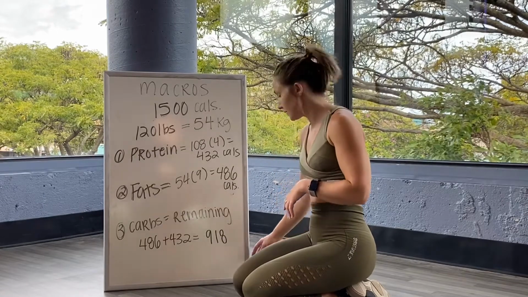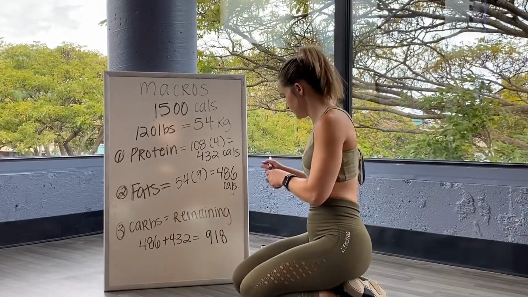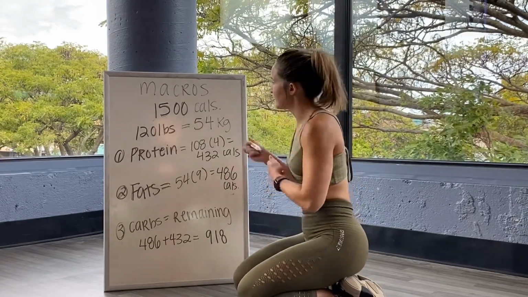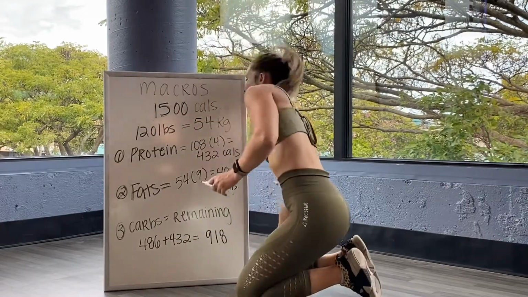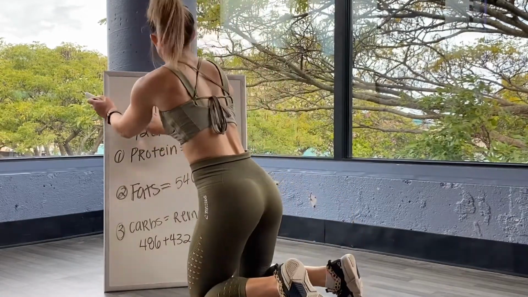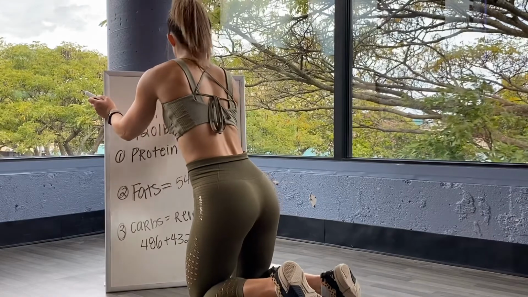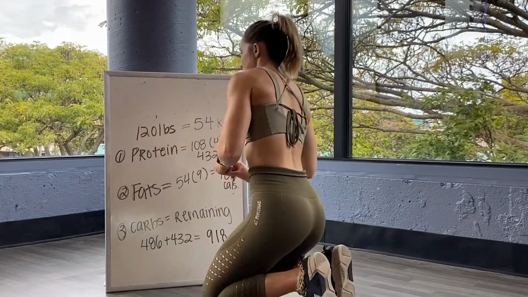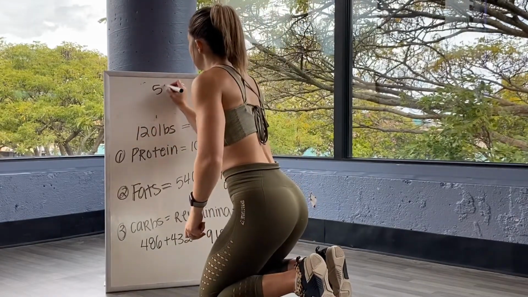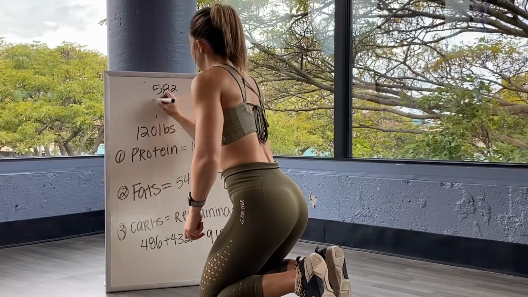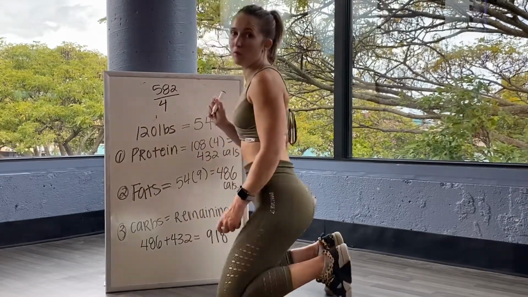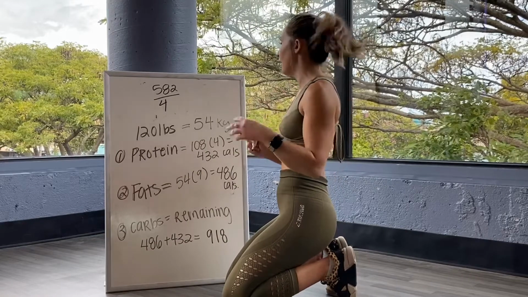Now to get the grams, lastly, we're going to take 582 and divide it by 4, because 1 gram of carbs equals 4 calories.